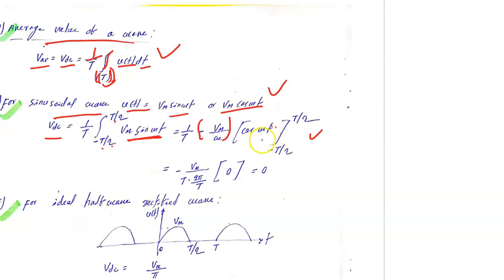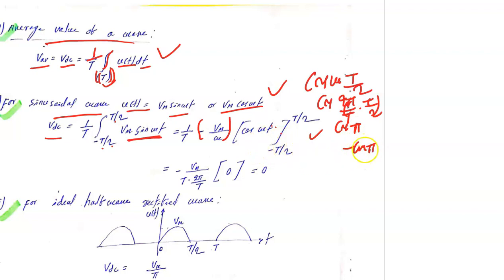Cos pi minus cos of minus pi, because omega was 2 pi upon T, into T by 2. So cos pi, and similarly this side will be minus cos pi, a definite integral. So minus 1 minus of minus 1, that is minus 1 plus 1, which is 0. So the average value is 0.